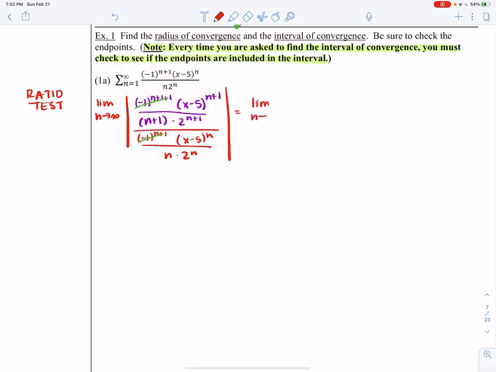The limit as n approaches infinity of (x minus 5) to the n plus 1 over (n plus 1) times 2 to the n plus 1, multiplied by n times 2 to the n in the numerator and (x minus 5) to the n in the denominator.